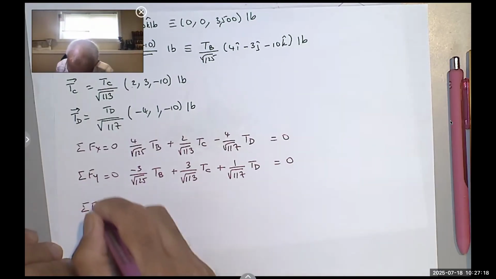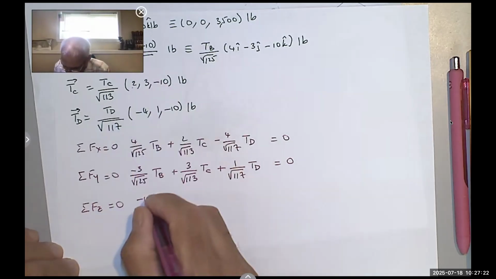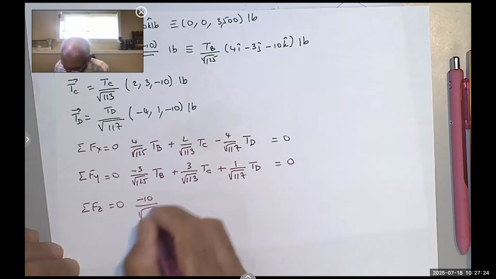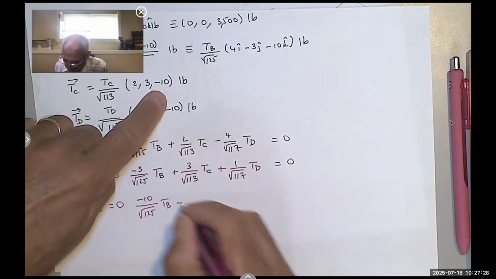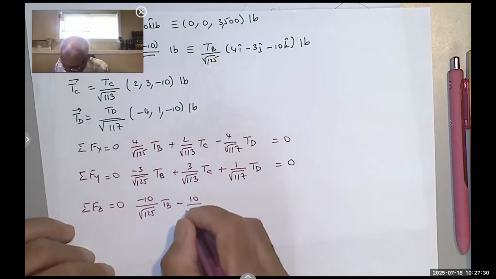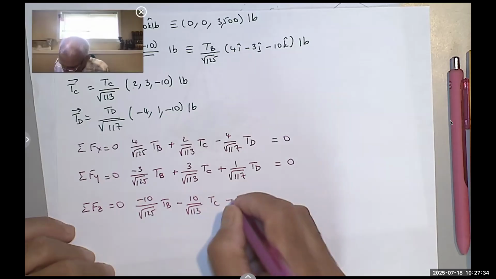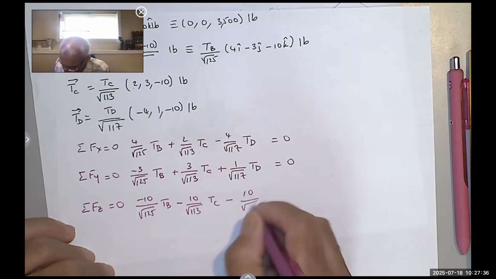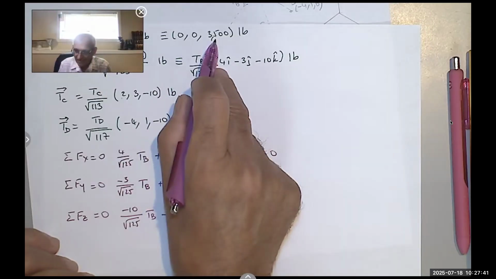Summation of the forces in the Z equals 0. I get negative 10 over root 125 TB minus 10. So all of them are negative 10, right? Minus 10 over root 113 TC minus 10 over root 117 TD plus 3,500 equals 0.